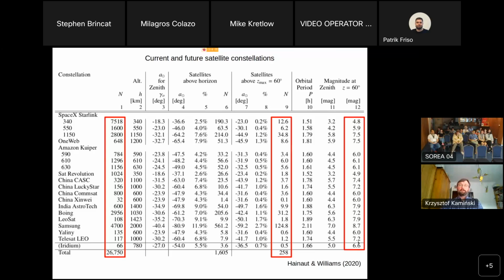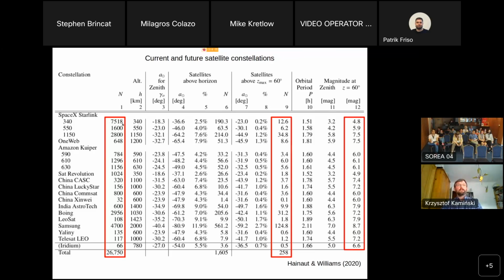Fortunately, because of the geometry, all of these are on very low orbits, and most of them are only visible during dawn and dusk. So observations during midnight are not affected by these constellations. And because they are on very low orbits, only a fraction of them is observable.